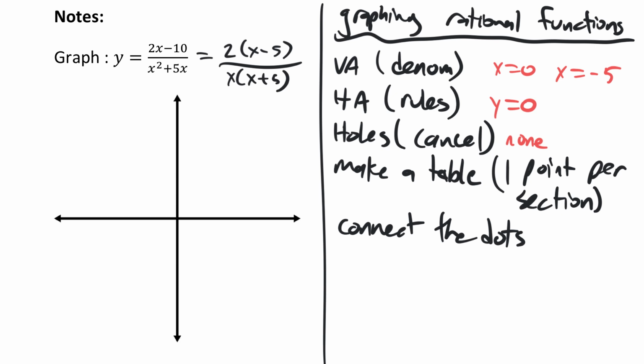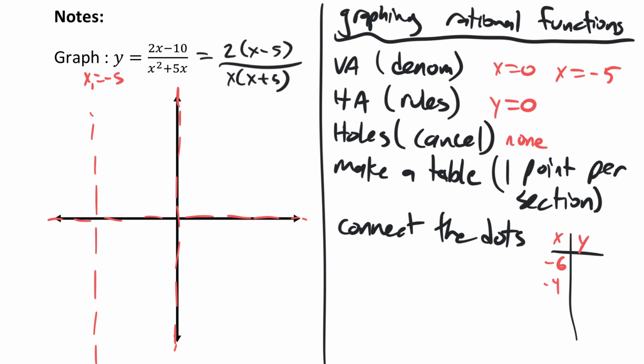Now we have to make a table here for some points. So let's go ahead, we'll put these asymptotes on here. Put one there, and one there. This is at x equals negative 5. Then our x and y table could be, well, I guess we could try negative 6 on the one side. And then we could do negative 4, negative 3, negative 2, negative 1, and 1.